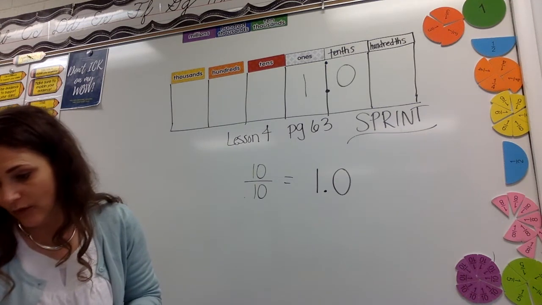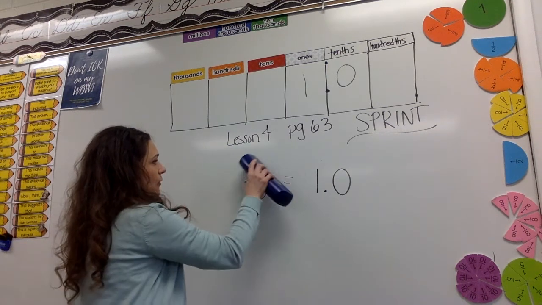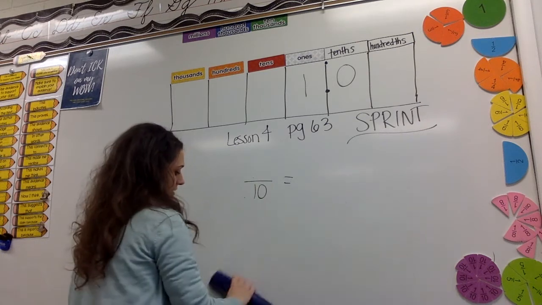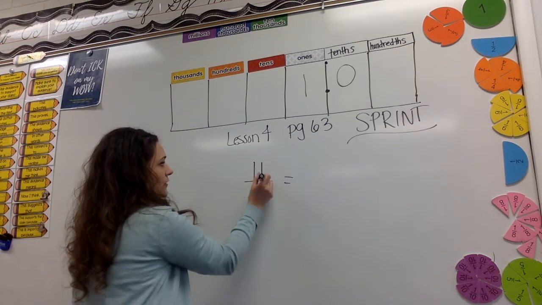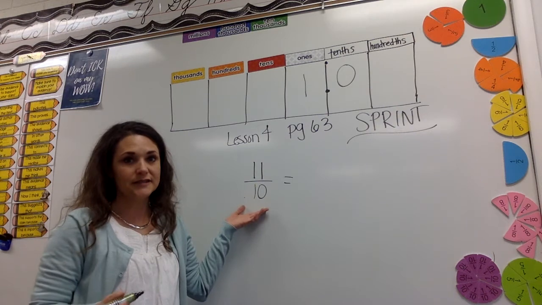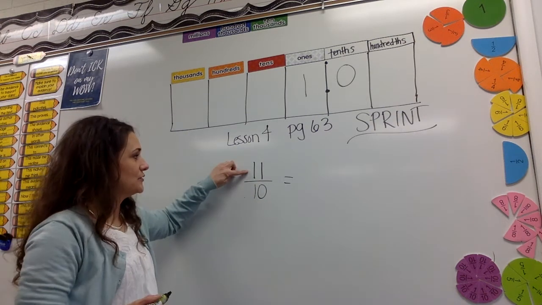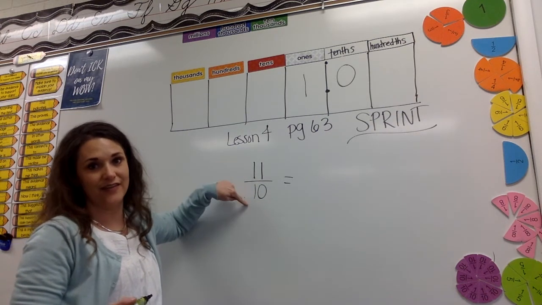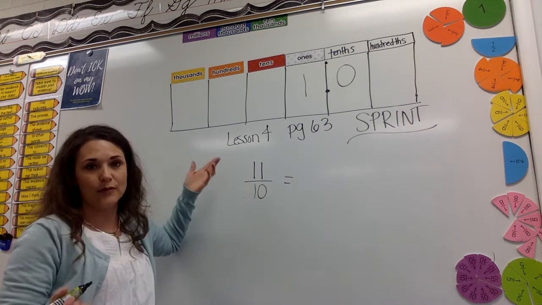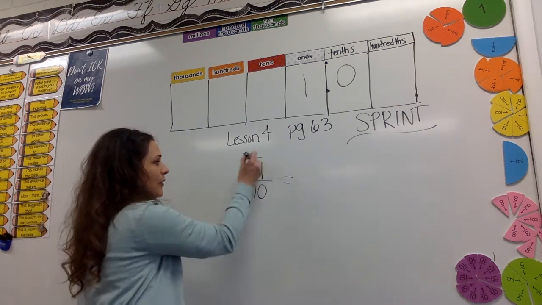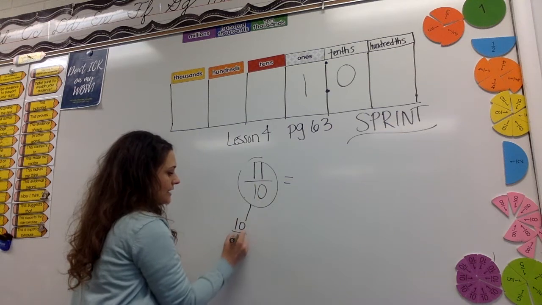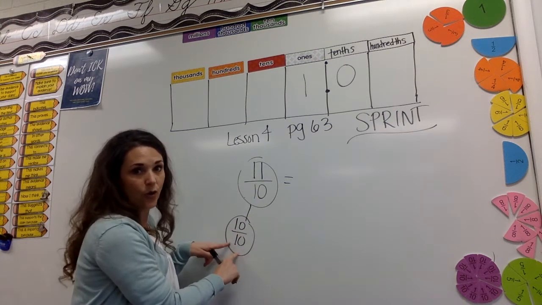Let's see. Now what happens if, say, we have 11/10? All right. So now hang on, this is an improper fraction, right? Because we have a numerator that's greater than our denominator. And how much greater is it? We could do a number bond here and say, okay, we've got 10/10. That's our 1 whole.